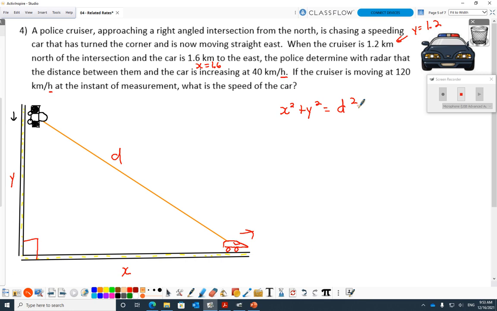Let me do it very quickly. d/dt: 2x dx/dt plus 2y dy/dt equals 2d dd/dt. It's pretty nice. You go back to the day where we did tough derivatives, derivative of top times the bottom minus derivative of bottom times top, common factor, square roots, this whole thing. This is nice. The question is, do I have the subs for it?